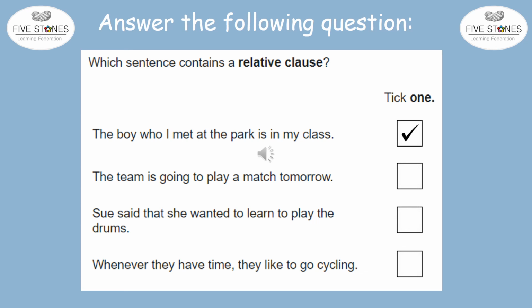Well done, everybody. The first one is the correct one. The relative clause is who I met at the park. It refers to the boy, which is the noun.